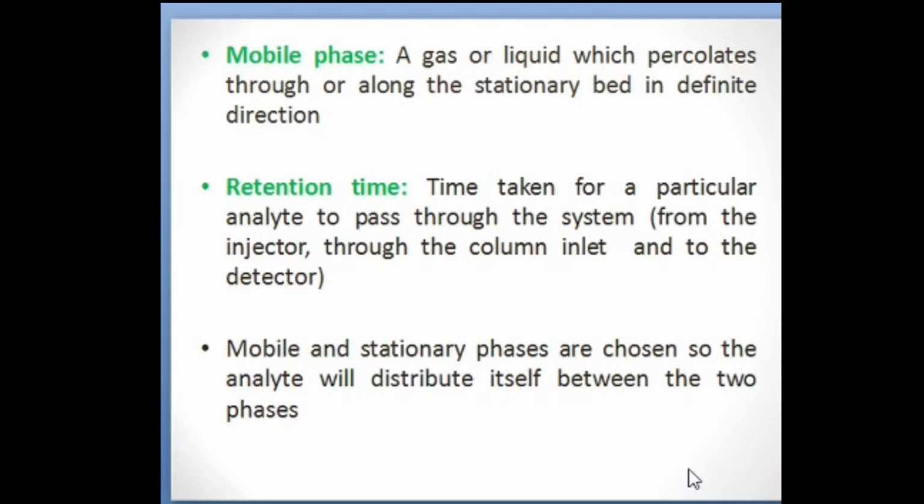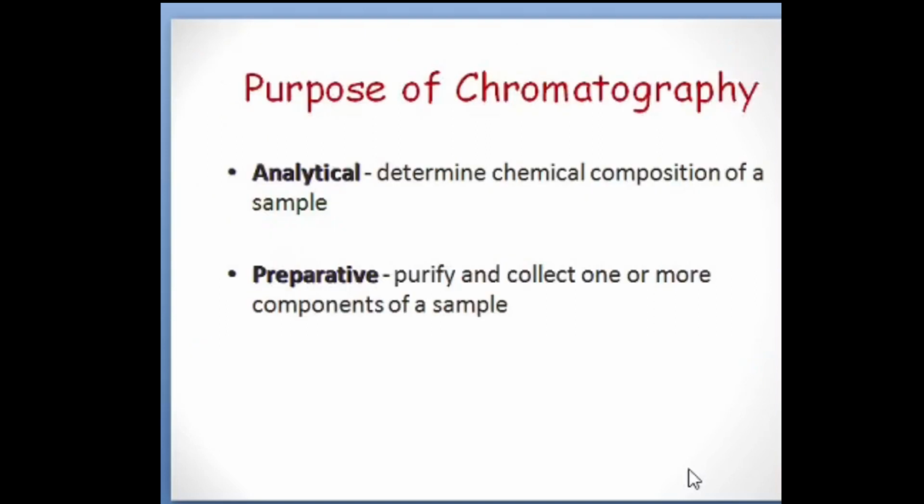We have to choose the mobile and the stationary phase in such a way that the analyte that we want to purify or analyze will distribute itself between the two phases. The main purpose of chromatography is to determine the chemical composition of the sample and to purify and collect one or more components of a sample for various other experiments.